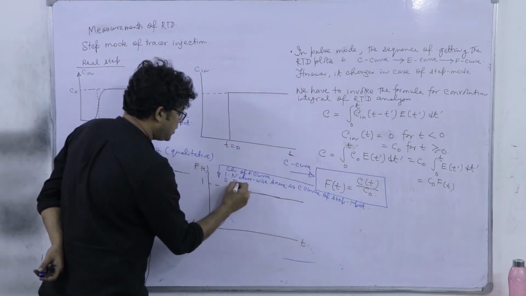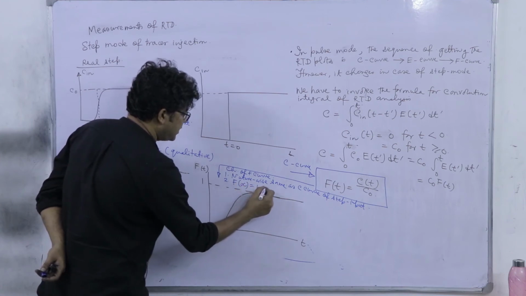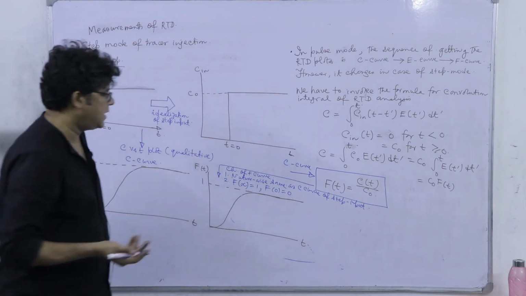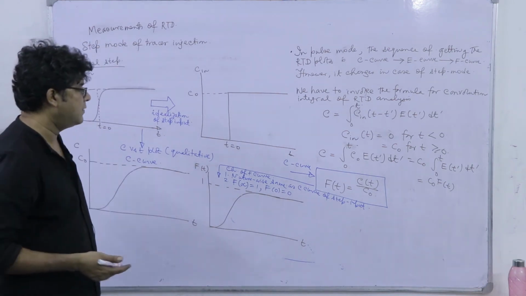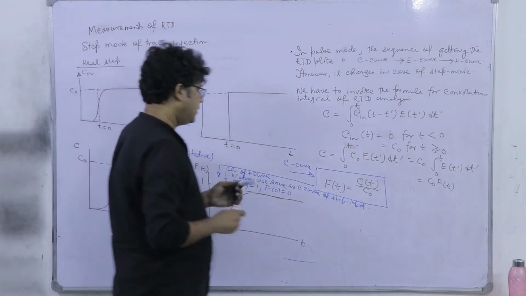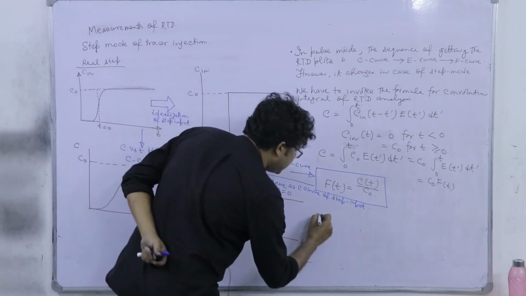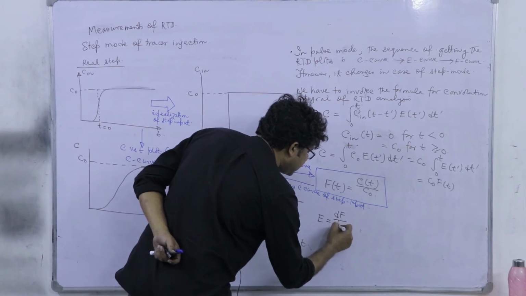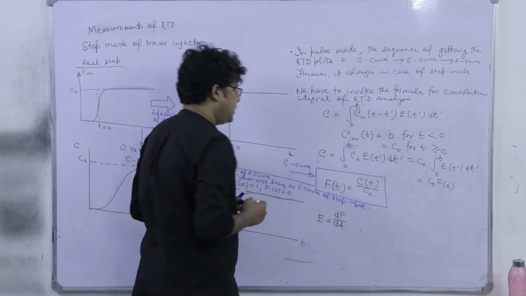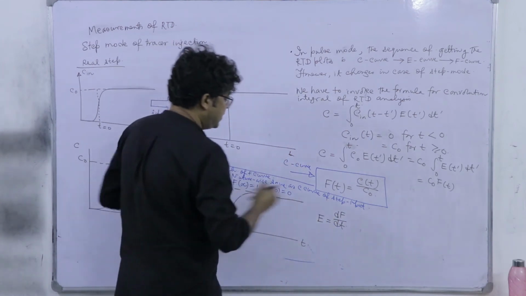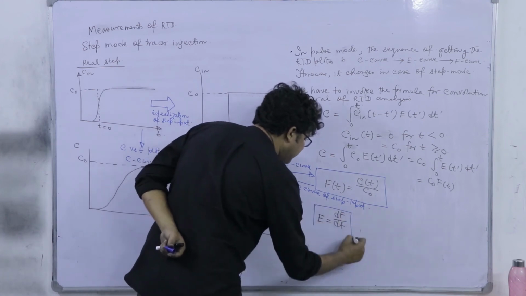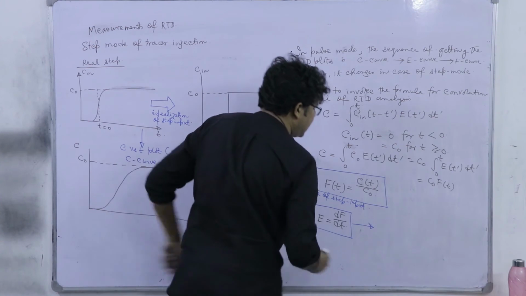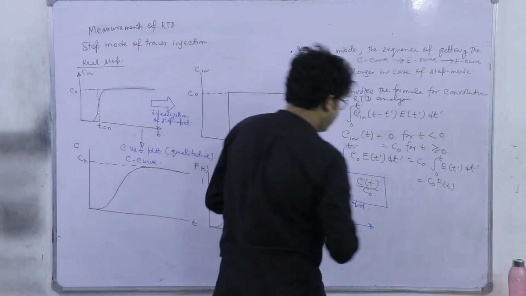To be specific, F infinity is equal to 1, F0 is equal to 0, and we know that if we take the derivative of this F curve we will get the E curve. So, that is the universal formula. E is equal to dF/dt, right. So, we will simply evaluate the numerical derivative and we will get the outcome, which is the E curve.